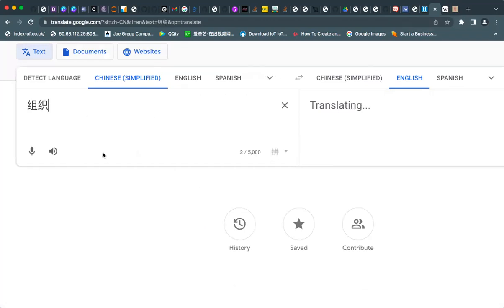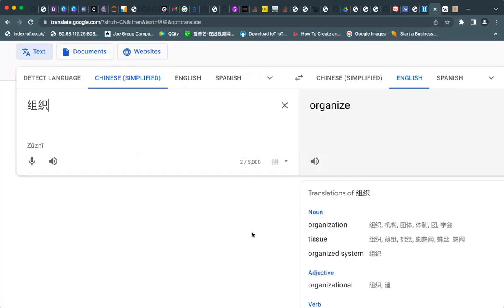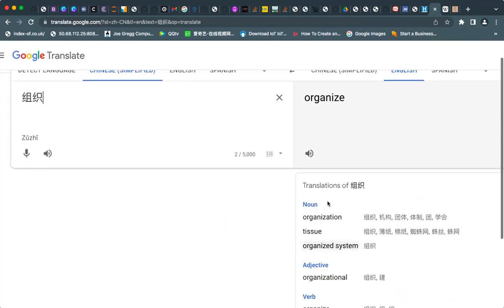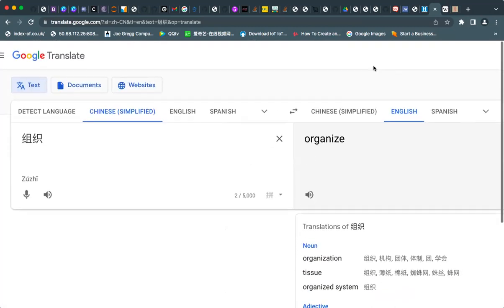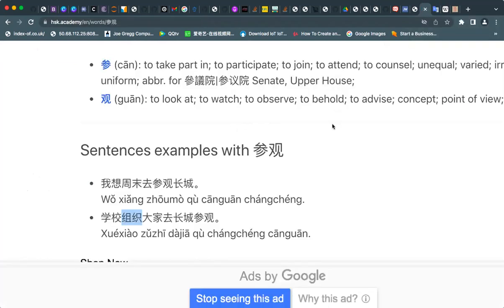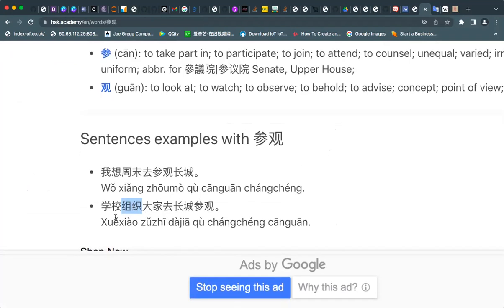So I'm just gonna check because this means organization. It still means organization. So school organization. No, wait, it's not really organization in this instance. Your first translation was actually on point.